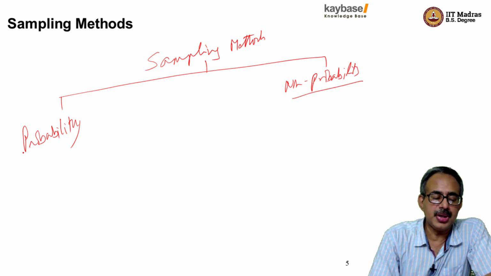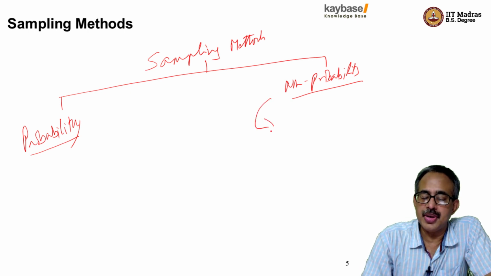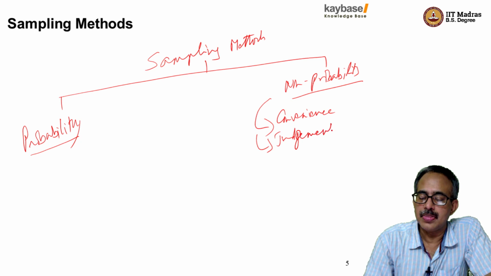Probability sampling, non-probability sampling. Within non-probability, there is something called convenience sampling. There is something called judgment sampling. There is quota sampling. There is ABC sampling, and there is snowball.